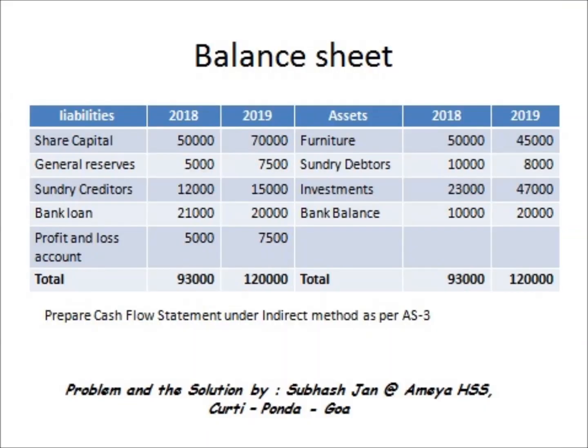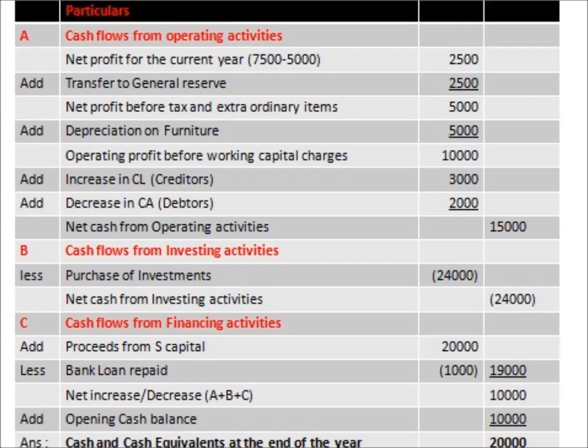The only current liability is creditors. There is an increase in current liability of rupees 3,000, which is to be added. And there is a decrease in current asset, the only current asset being debtors, so add that figure. Here it is 10,000 plus 3,000 plus 2,000. You get 15,000, and that is net cash from operating activity, figure A.